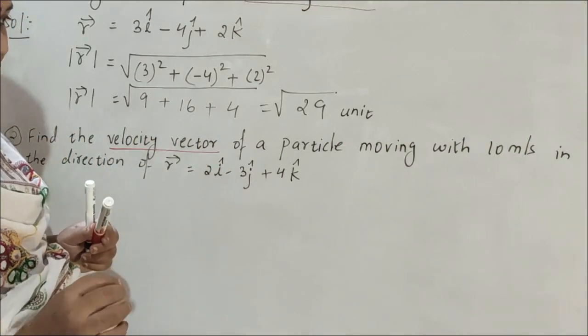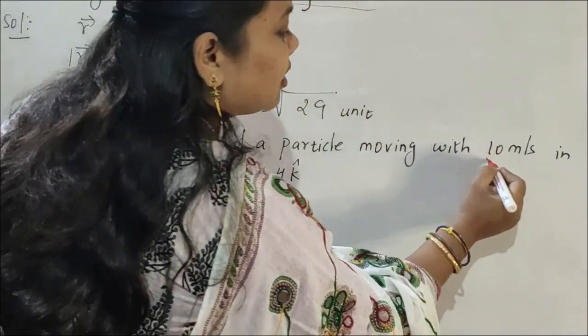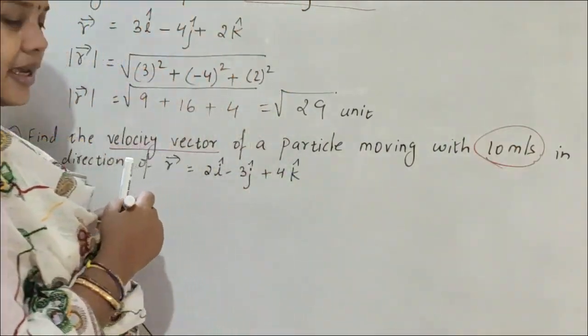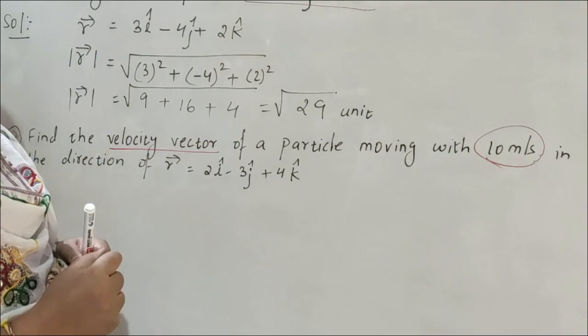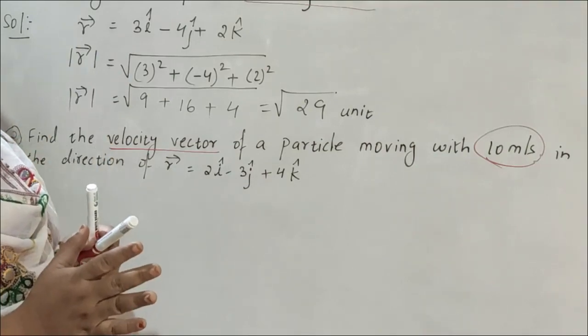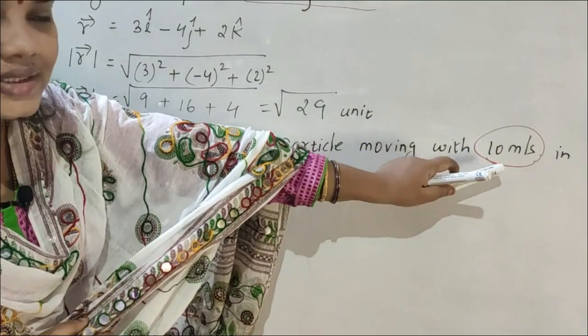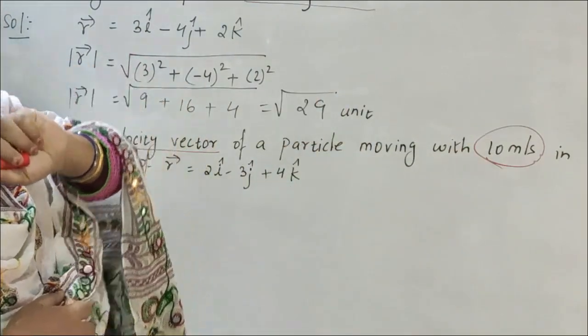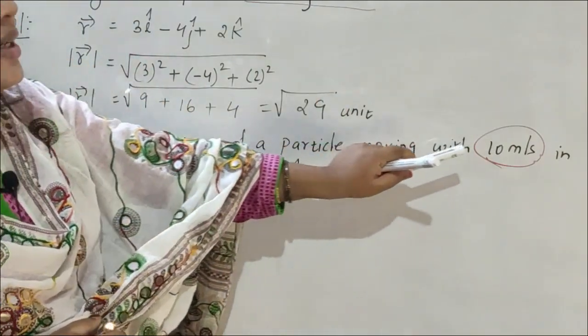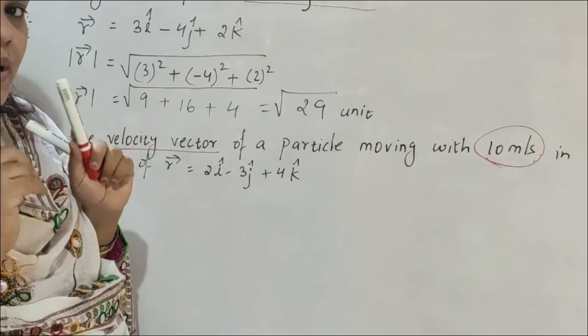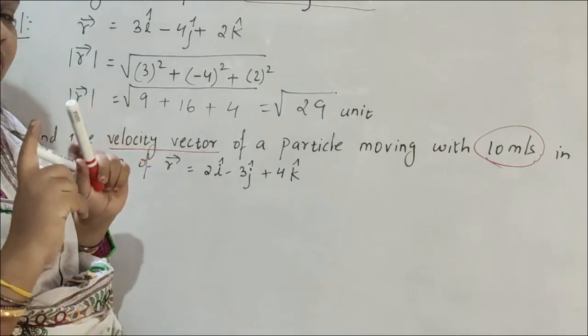There is a particle which is moving with 10 meter per second. Its velocity magnitude is given, how much? 10 meter per second.